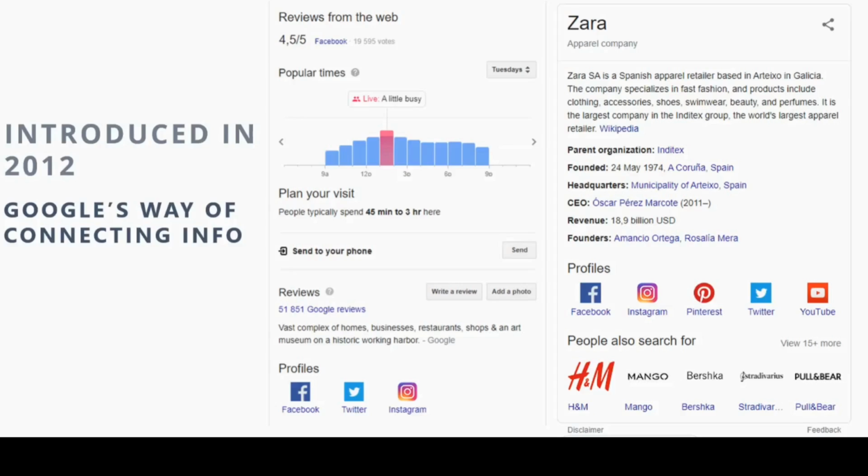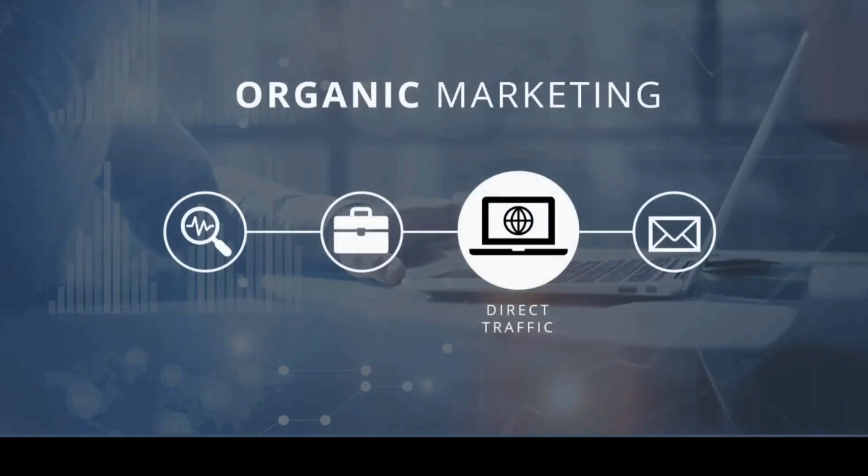So at the moment, actually, Zara have not claimed their knowledge panel, and this is all just information provided by the Google Knowledge Graph. Then we have something called direct traffic, and we will be spending more time on that in lesson 3. But this is essentially people who visit your website not through advertising, but through putting your direct address into the browser bar.